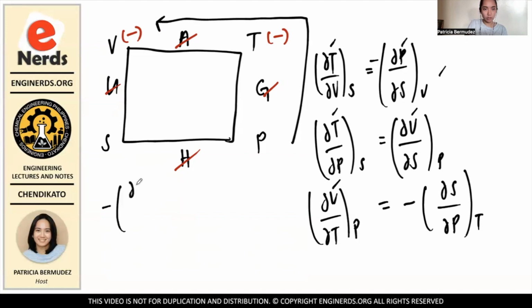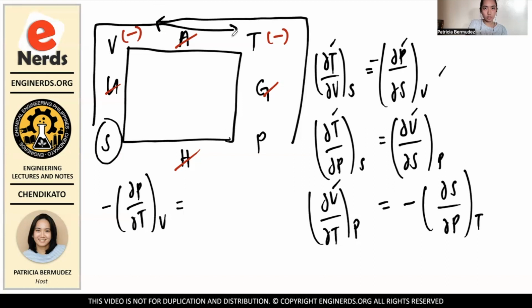The negative partial of P over partial of T at constant volume, okay, is equal to, ano yung hindi nadaanan? Yung entropy, S. And since it went this way, let's go the other way. From S to V to T, okay? So, since it stopped at T na negative, we have to put negative sign as well. Negative partial of S over partial of V at constant temperature.